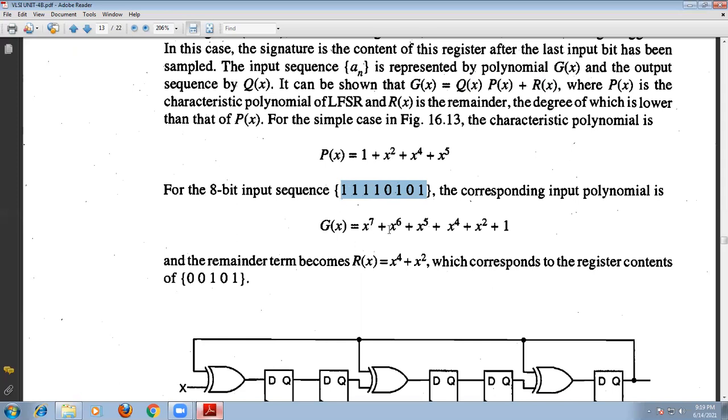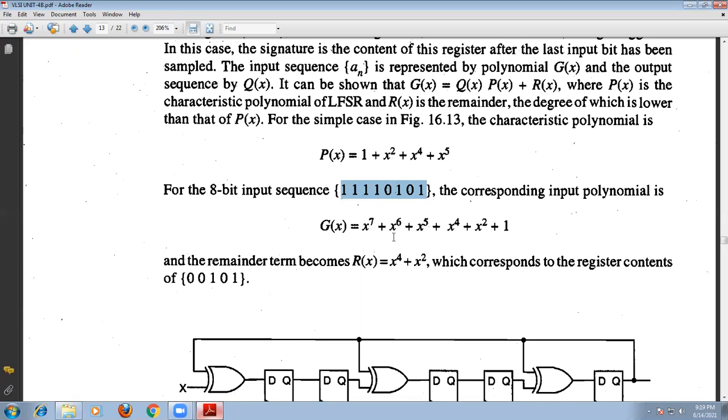So this is x to the power 7, x to the power 6, x to the power 5, and x to the power 4. There is no x3 term because it's 0. And this is x square, x to the power 2. And x to the power 1 is not available, it's 0, and the last is the constant term. So this is the generator polynomial.